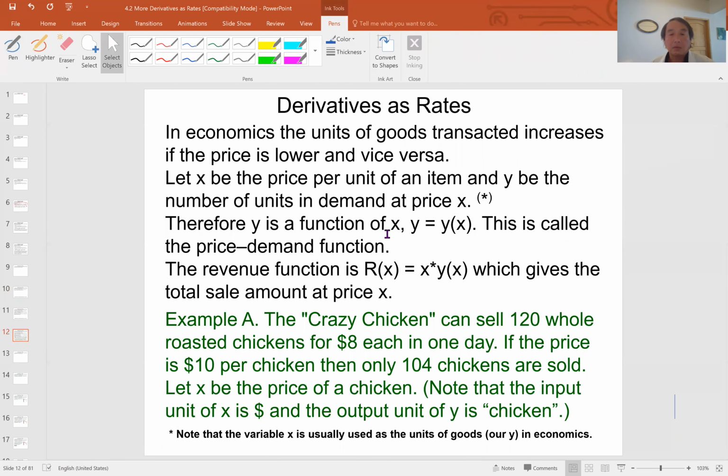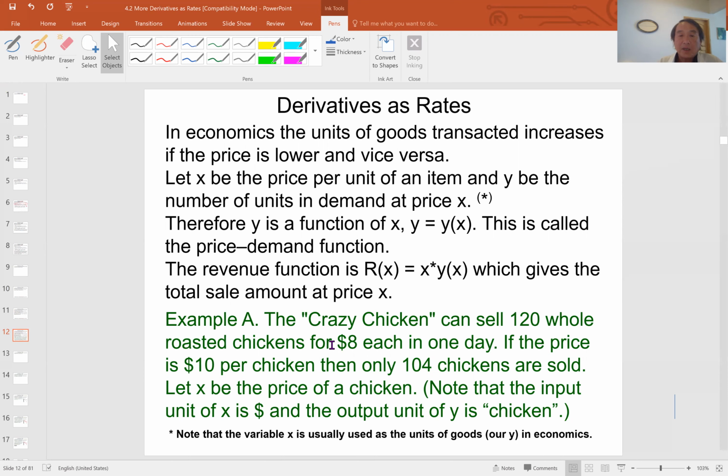So here's an example. Suppose we set our chicken at $8 apiece. Then each day we can sell 120 chickens, say from a market survey. Now we're going to raise the price of the chickens.